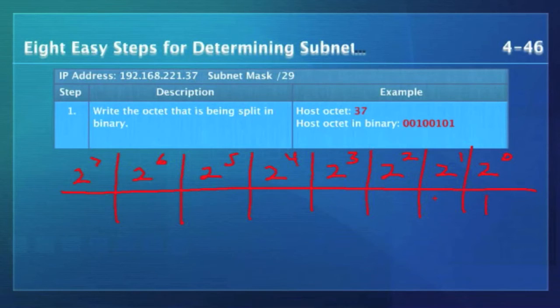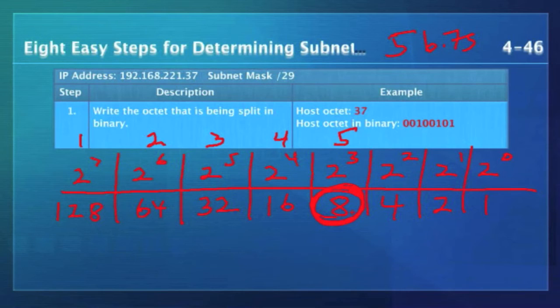Okay, 1, 2, 4, 8, 16, 32, 64, 128. All right, how many bits did we borrow? We borrowed 5 bits. You don't go to the 2 raised to the 5th. I'm sorry. What you do is you go in 5 columns deep. So 1, 2, 3, 4, 5. And this is what a lot of instructors call the magic number.